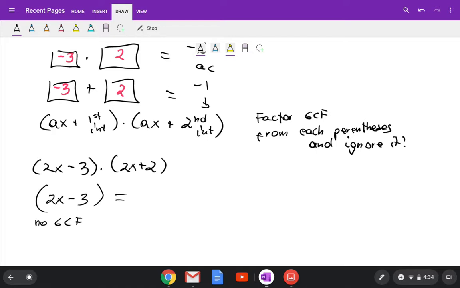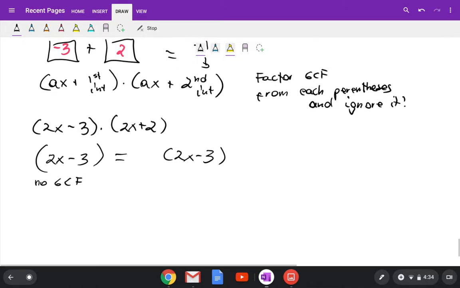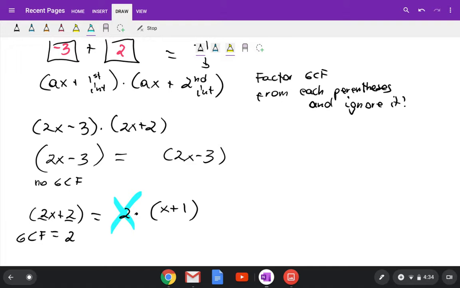So we're going to keep it the way it is. The second factor is 2x plus 2. Here you have GCF, it's 2. So factor out GCF. That will give you x plus 1. And you're going to ignore that GCF.